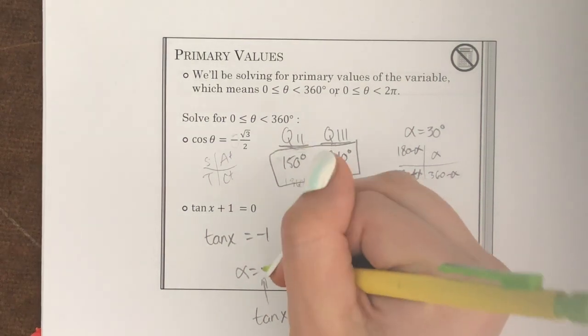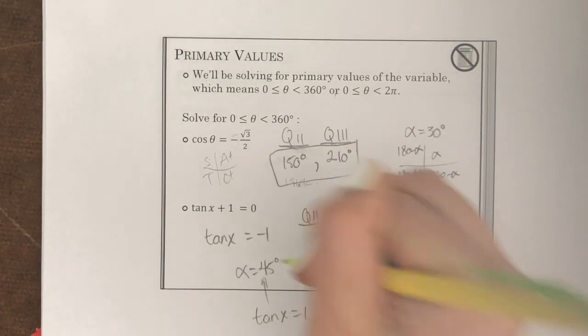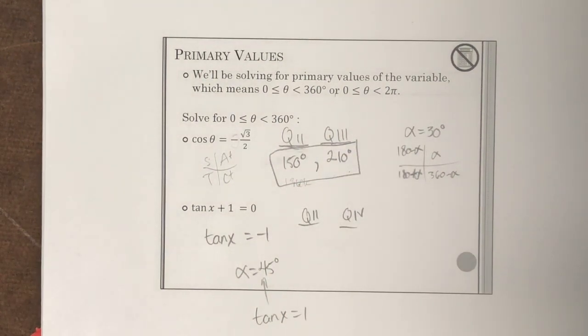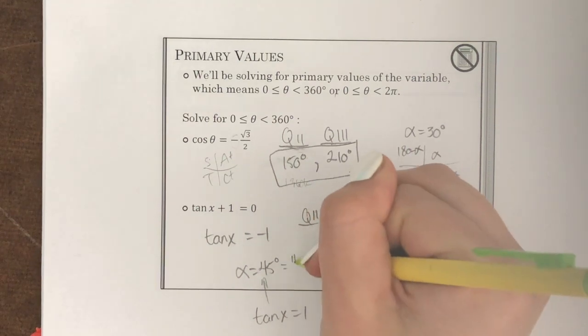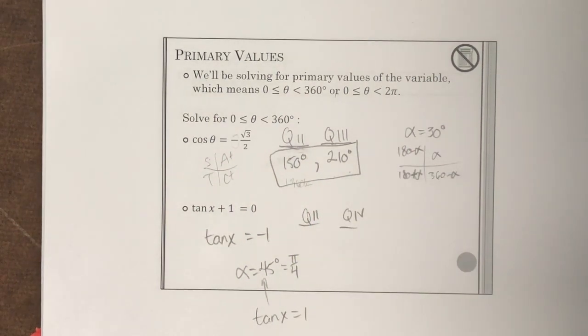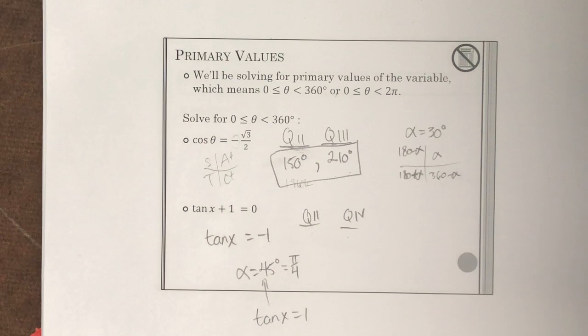All right, so you should have gotten 45 degrees. Just to do an example in radians, I'm going to do this one in radians. So that's pi over 4. Okay, so go ahead and name my 2 answers in radians. So go ahead.